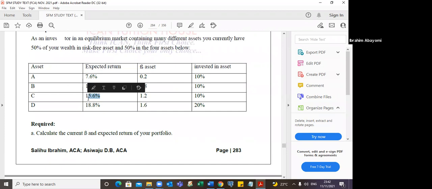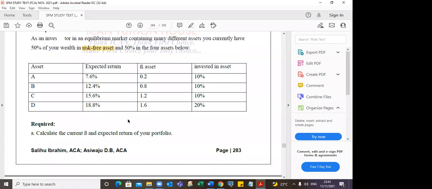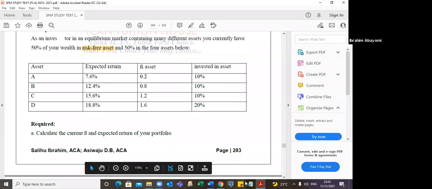For C, for D, these are the returns. What's the return for the risk-free asset? I know it's risk-free, so it should have a risk-free rate of return. Let us assume 6%.